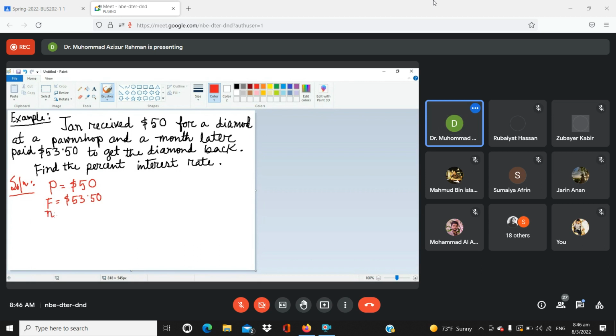Then duration: 1 month, 1 by 12 years, right? 1 month means 1 by 12 years. And I need to find the interest rate actually.